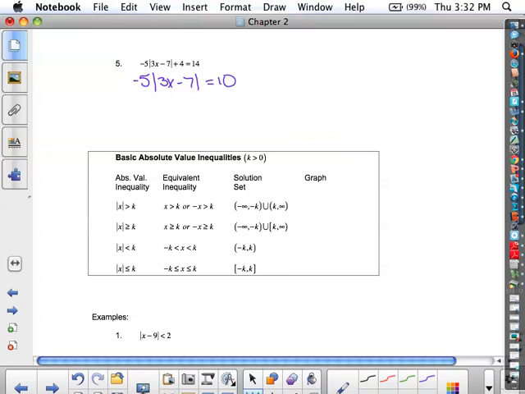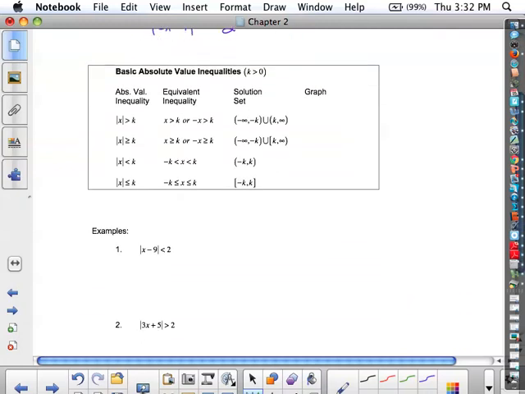Because that 5 is outside of the absolute value signs, you can divide both sides by that 5. So you actually have the absolute value of 3x minus 7 is equal to negative 2. And look, there again we have an absolute value equal to a negative number. We know that's not possible, so the solution is the empty set.